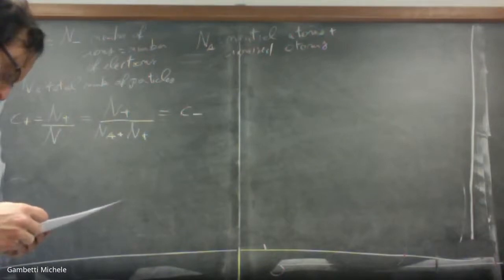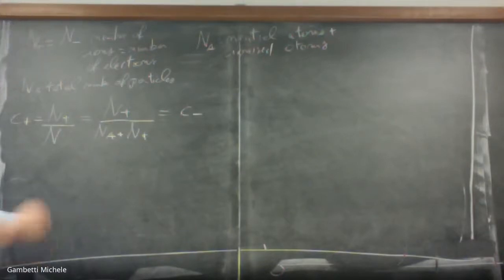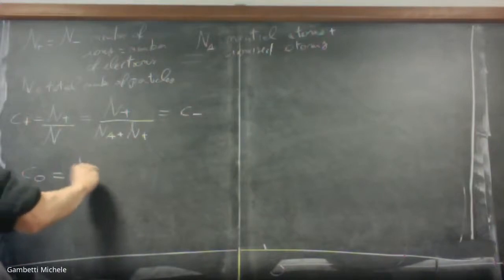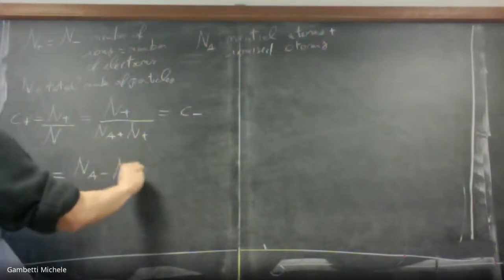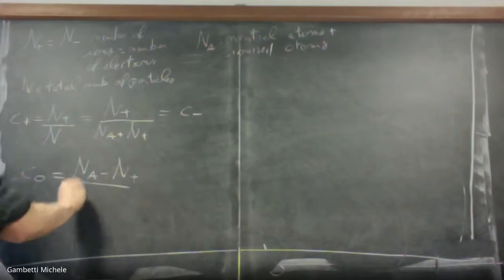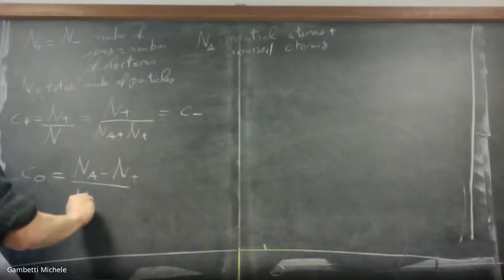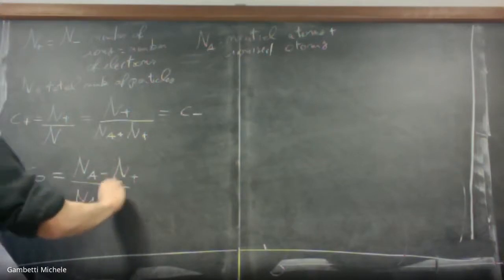Okay, I will need to check this. C0 is the concentration of neutral atoms, which is equal to the total number of atoms minus the total number of ions divided by Na plus N plus.